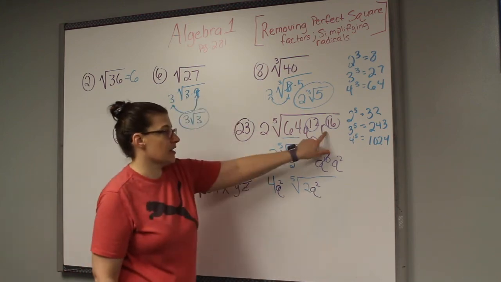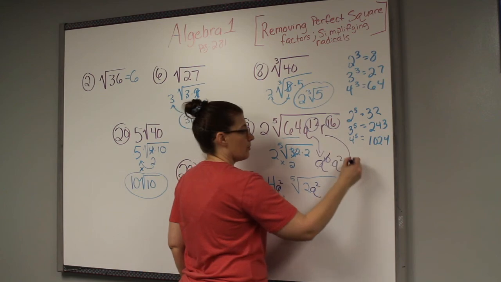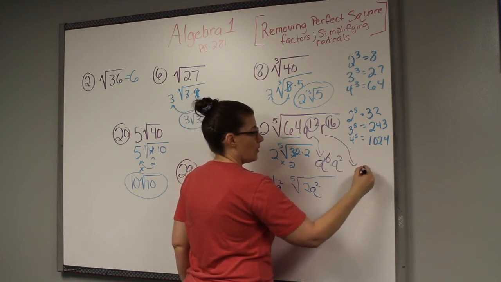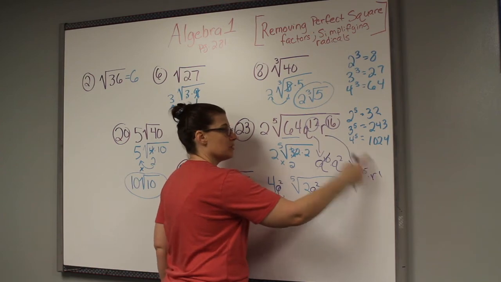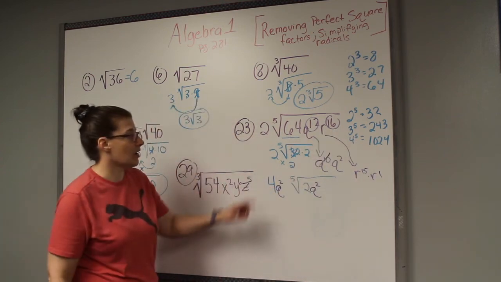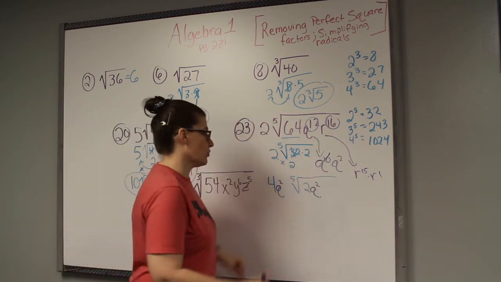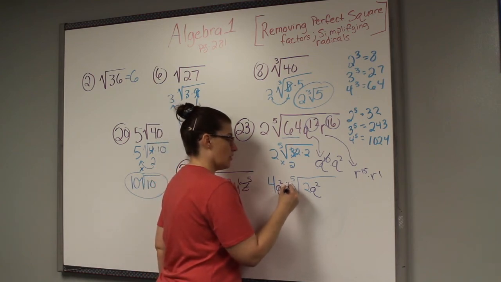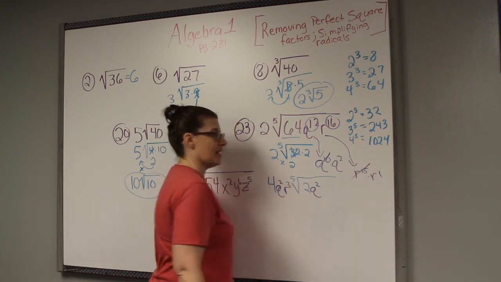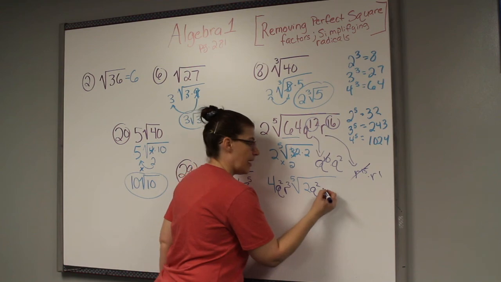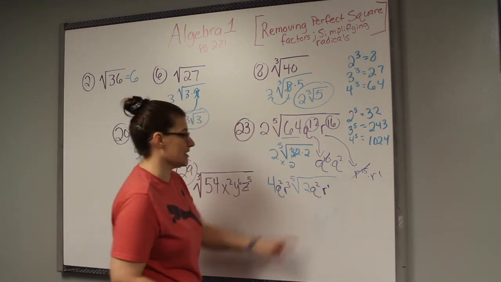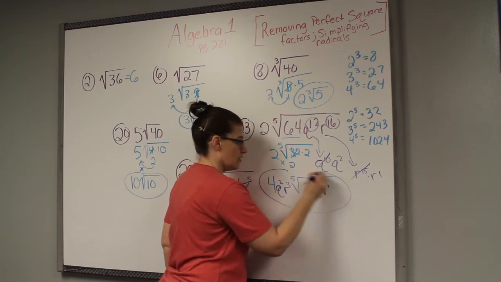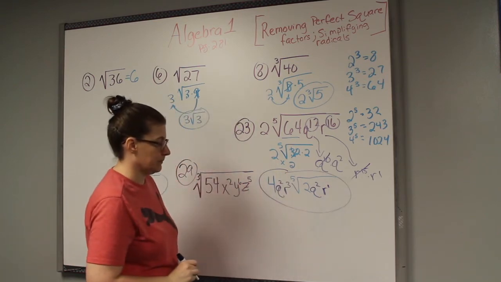Now if the R to the 16th, I'm going to break it down as R to the 15th times R to the 1st. Why? Because 15 plus 1 makes 16. 5 goes into 15 3 times. That means R to the third comes out here. That is gone, and R to the first power, you do not have to write that 1, you can if you want to, comes in, and this is your final answer.